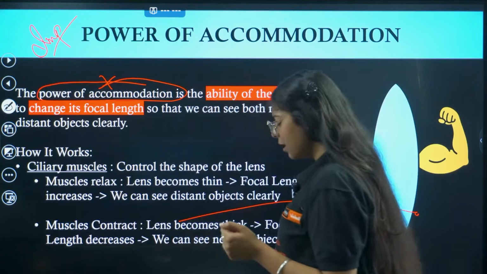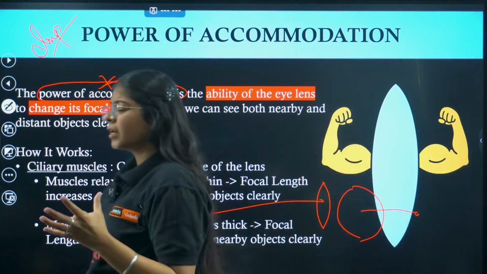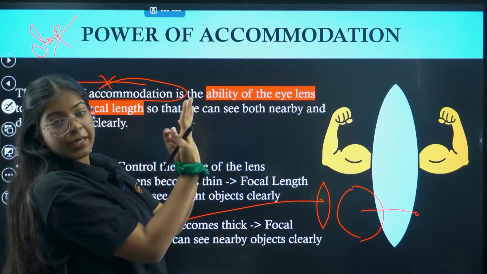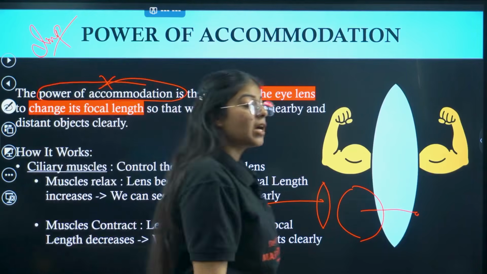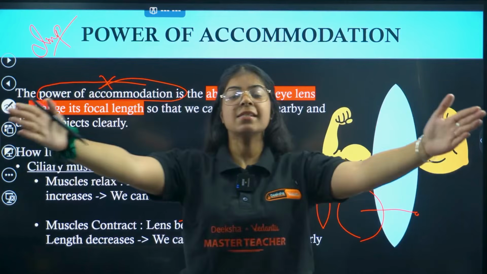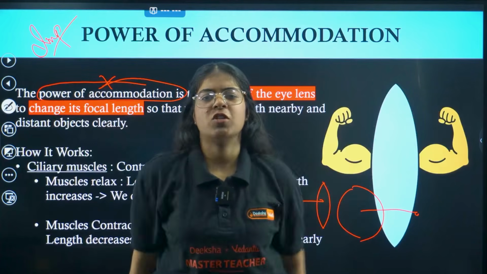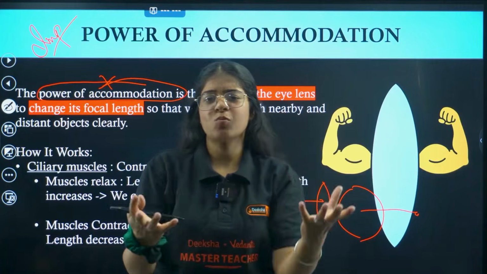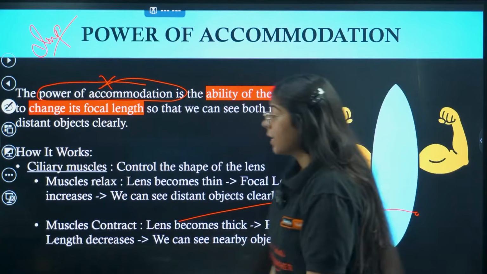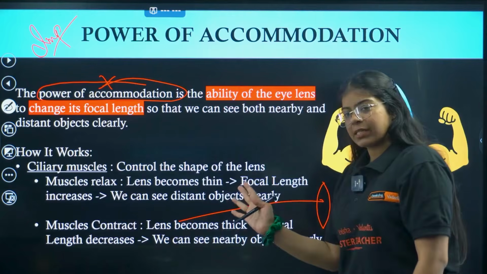Now, when we need to see nearby objects, okay, we are reading, so what happens? The lens gets small. The lens gets small for nearby objects. Just remember it. Nearby distance is small, so the lens will get small. The ciliary muscles control the shape of the lens, we know that.